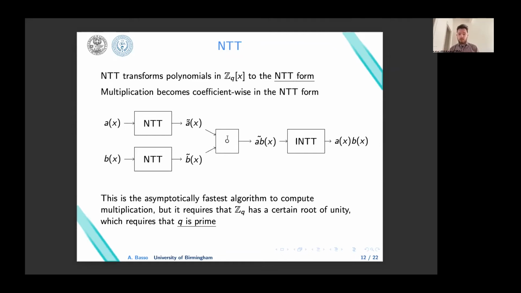Then we simply compute coefficient-wise multiplication. We take the first coefficient of one polynomial and the first coefficient of the other, and we multiply. The second coefficient of one polynomial and the second coefficient of the other polynomial, and we multiply, and so on.